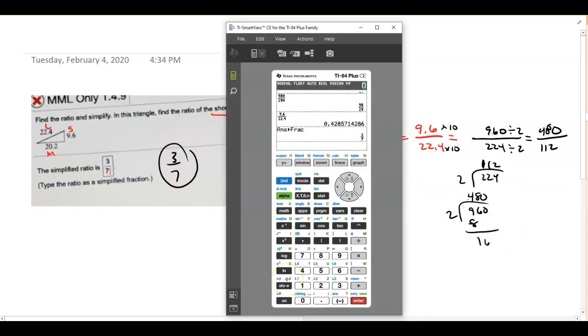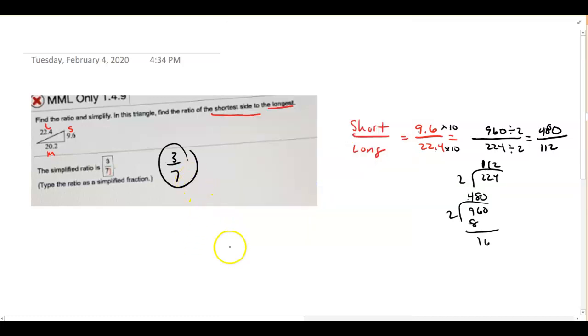Okay, I'm assuming you get to use a calculator, but even if I did 9.6 divided by 22.4, I get that decimal, hit math, enter, enter, and I would get 3/7, and that would be the ratio.